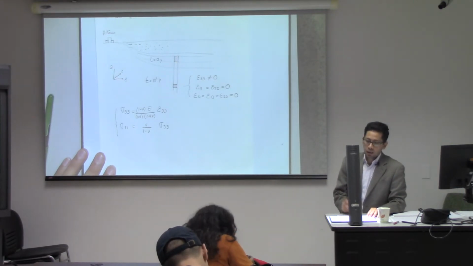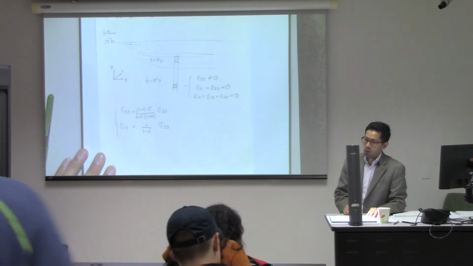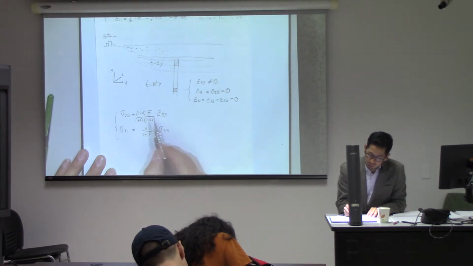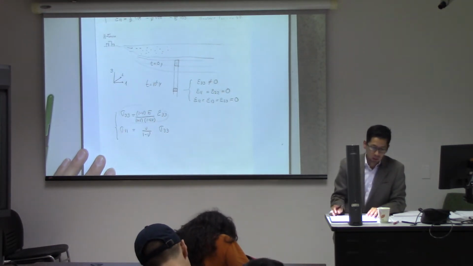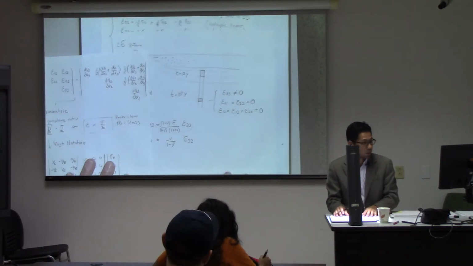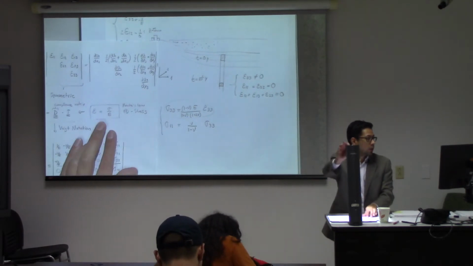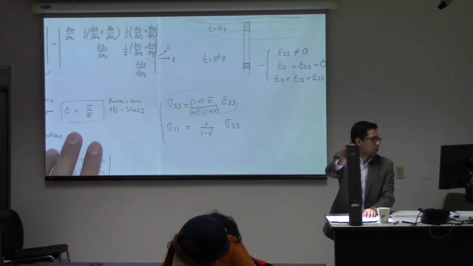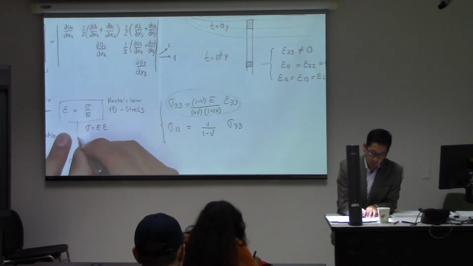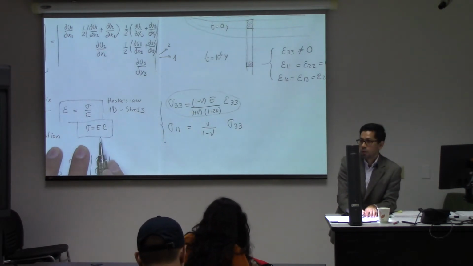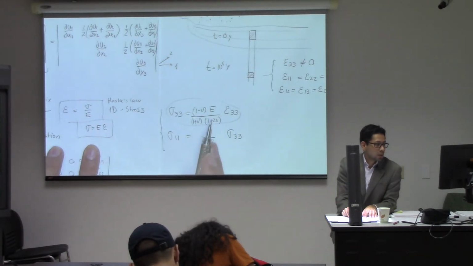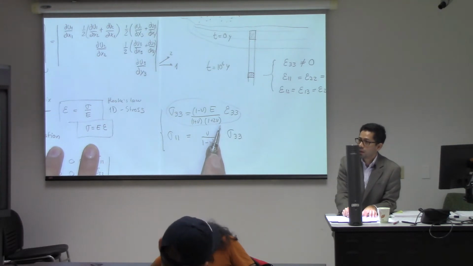So two main takeaway messages from this simple problem. The first one is that, do you remember how we used to talk about 1D Hooke's law? Let me bring it right next to this one. That stress is proportional to strain through the Young modulus. Well, here stress in the same direction is not proportional to the Young modulus, it's proportional to something else.